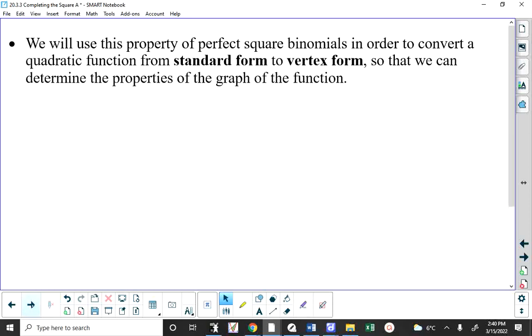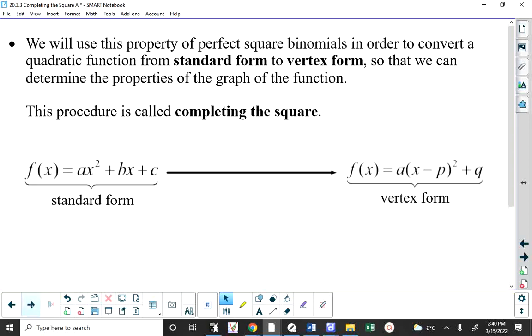We're going to use this to convert from standard to vertex form today. And this is called completing the square. So when you go from ax squared plus bx plus c to a times x minus p squared plus q, you are completing the square. I want you to notice something.